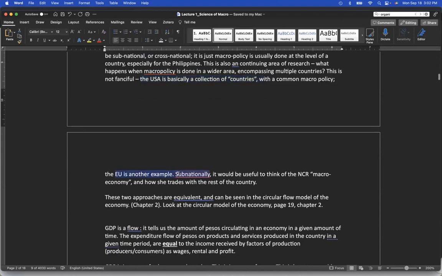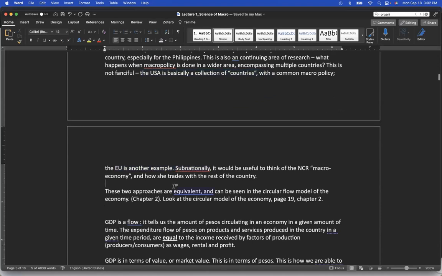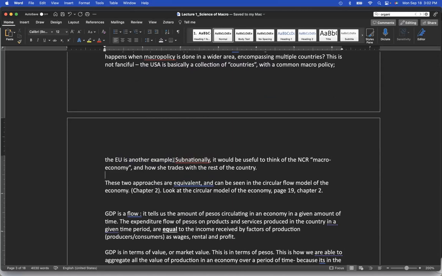EU is another example, with monetary policy being, again, at the supranational level. Even subnationally, you could think about the macroeconomics of the Philippines as like NCR being its own place, where labor factors can come in and out of NCR, but then there are these frictions, right? And how NCR trades with the rest of the country.